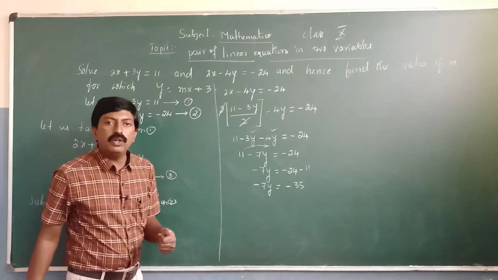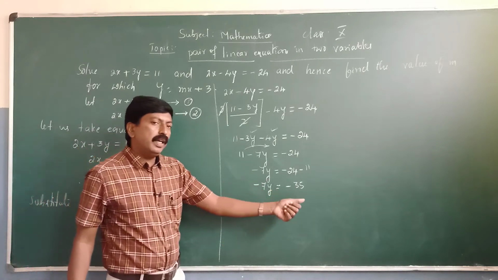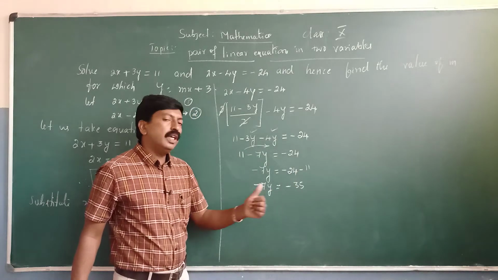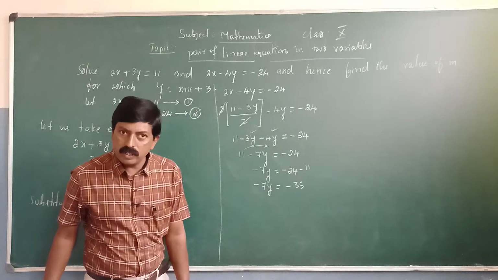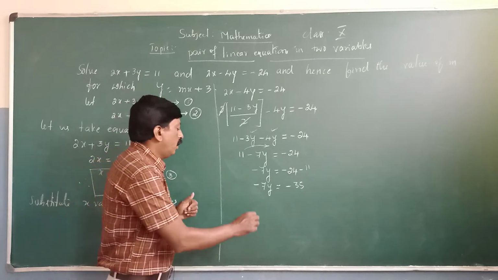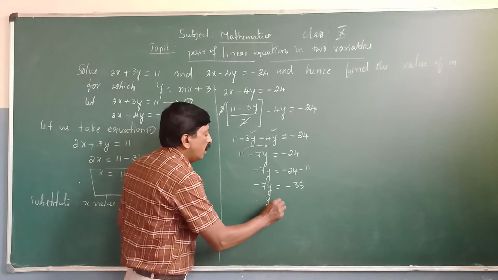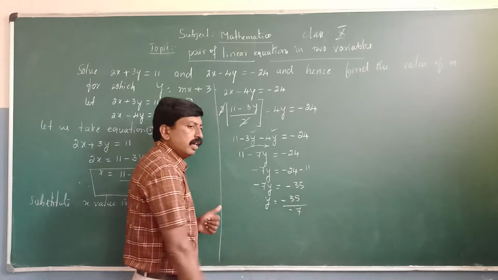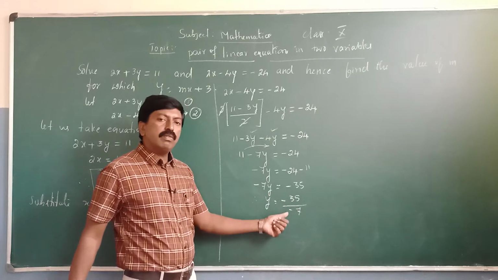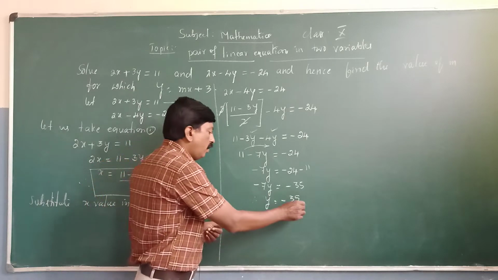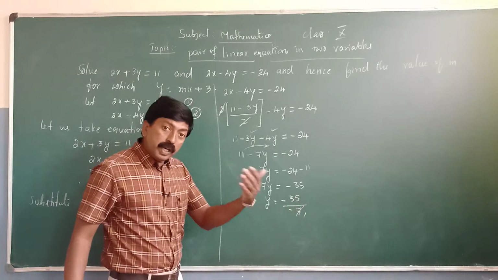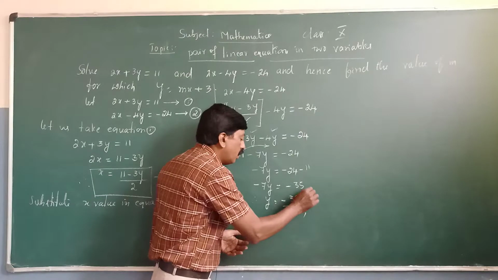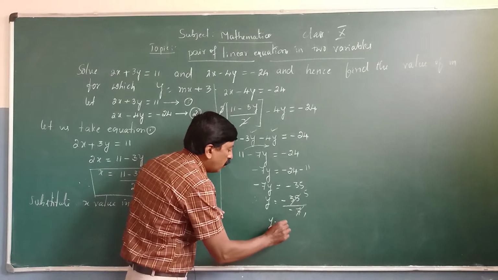Both have the same sign, so we have to add. Therefore, y is equal to minus 35 divided by minus 7. Minus by minus is plus. 7 fives are 35. So y is equal to 5.